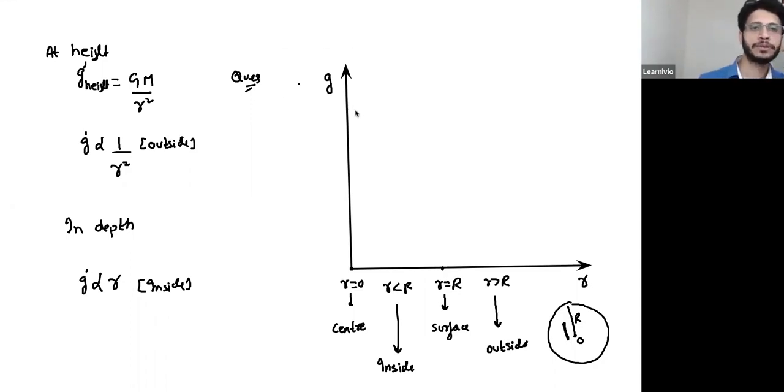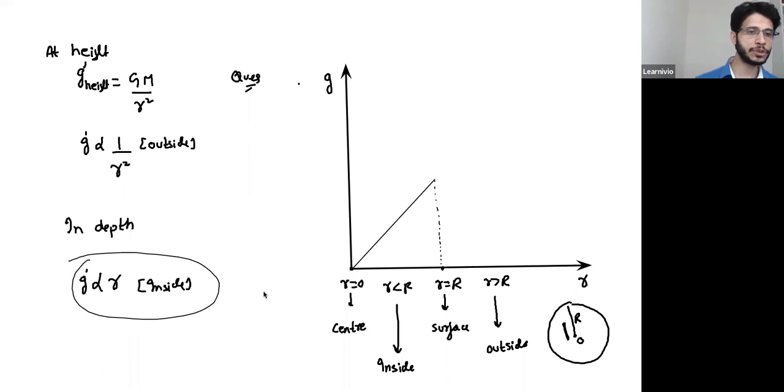So the relation would be, inside it will be a straight line graph, a linear relation. Outside, see this, the reason for the straight line is this expression. If g is directly proportional to r, that means your graph will be a straight line.